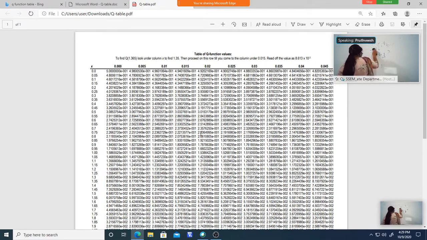You have not used this table before. So we will see how to use this table. We will solve the problem and then come back to this. You remember this expression of probability of error? That should be enough. Q function table you can manage. It is similar to your logarithmic table. You can understand that.